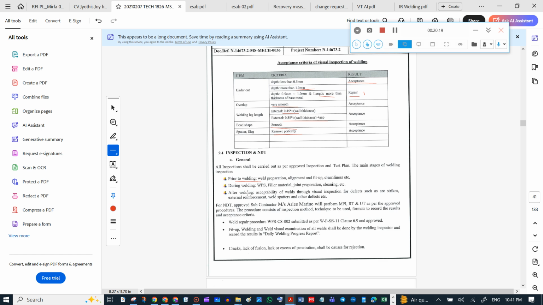Then after welding, the acceptability of welds through weld visual inspection for defects like arc strikes, external reinforcement, weld spatters, and other defects, porosity, surface porosity, etc. Then, if it is all okay, we will send it for NDT, like a radiographic or ultrasound test.